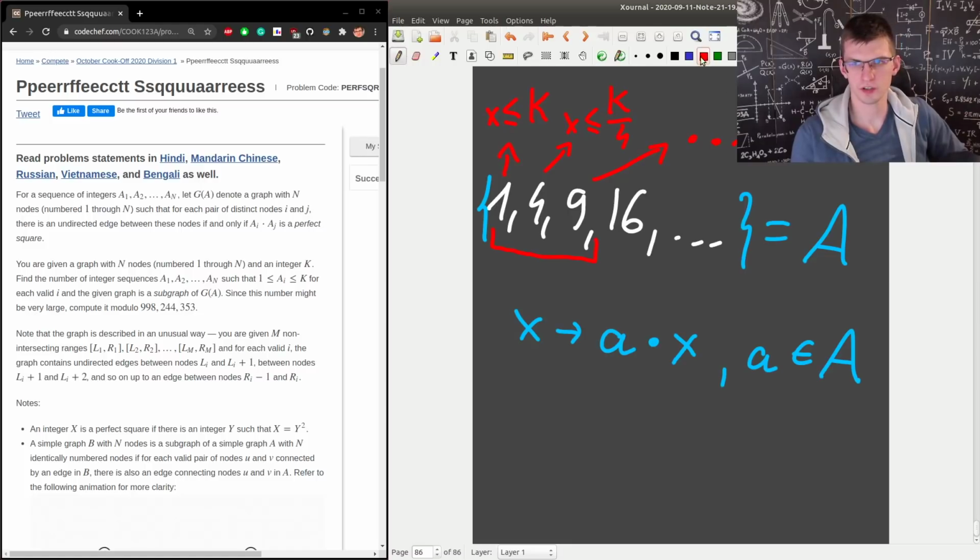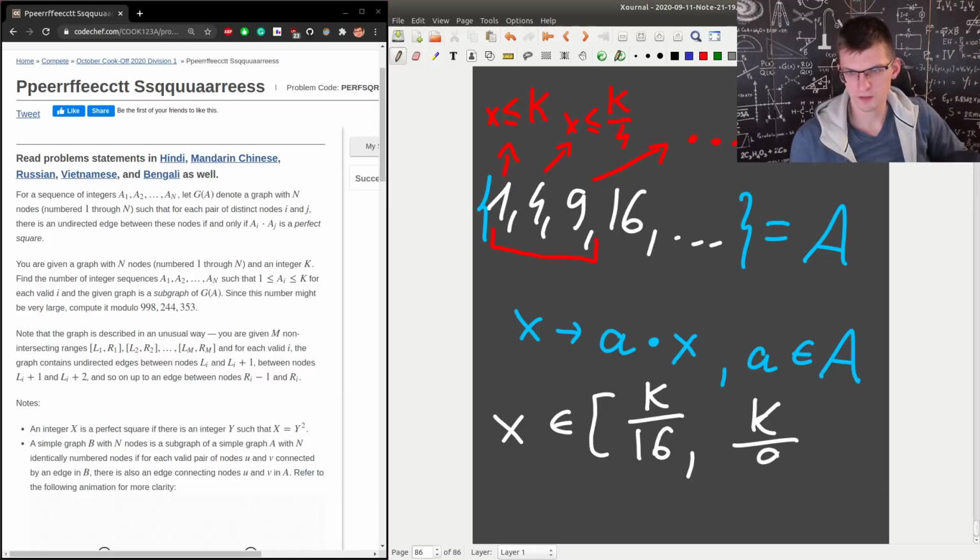In particular here, if I want x to be good with those, but not with this, I want x from k divided by 16 to k divided by 9.